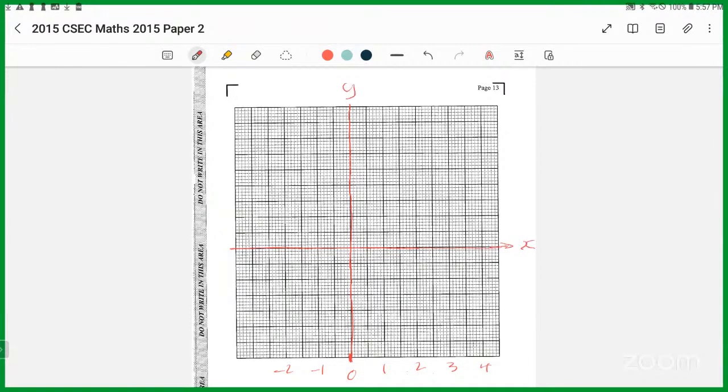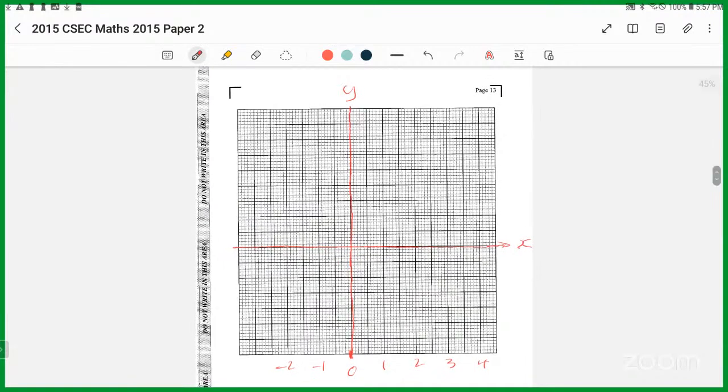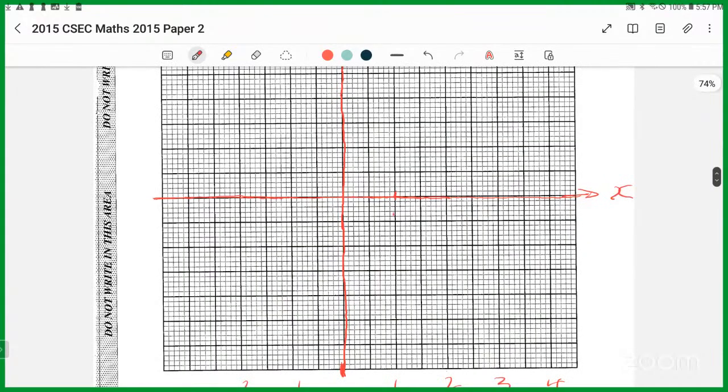That's going to be my x-axis, and that's going to be my y-axis. I'm going to scale it up now. So 1, 2, 3, 4, -1, -2. And then on the y-axis, it is vertical, 1 centimeter to 1.